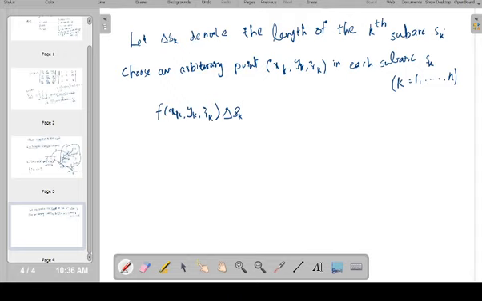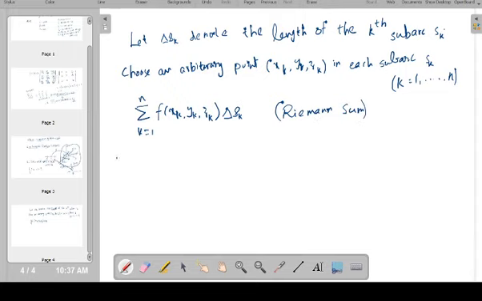This is small s, not capital S, because capital S will be used for some other purpose later. Now you form the sum, sigma k equal to 1 to n. So this is a Riemann sum.